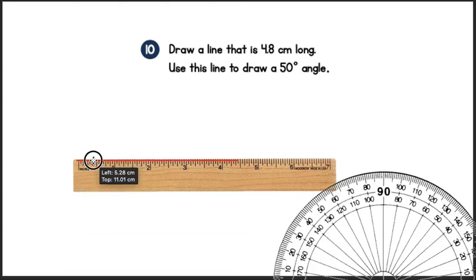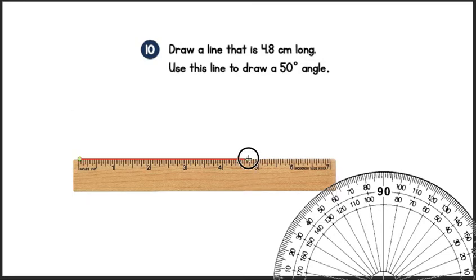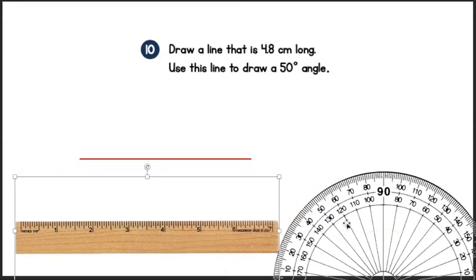So if I'm starting at 0 roughly, that's 4.5, 4.6, 4.7, 4.8 roughly, that's 4.8. That's very difficult to do on the computer screen.